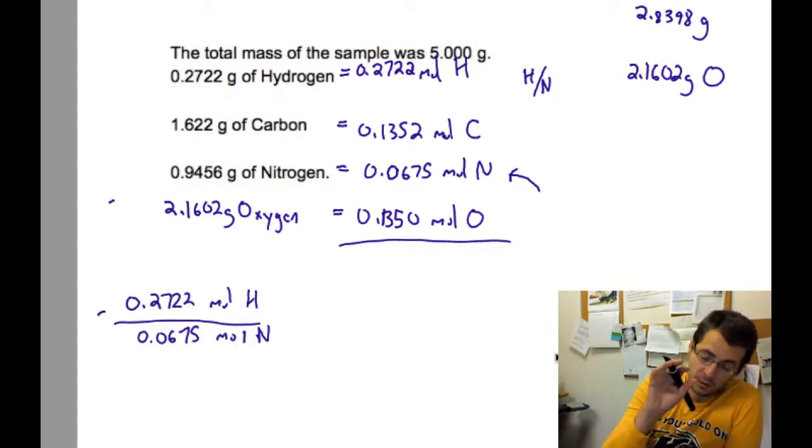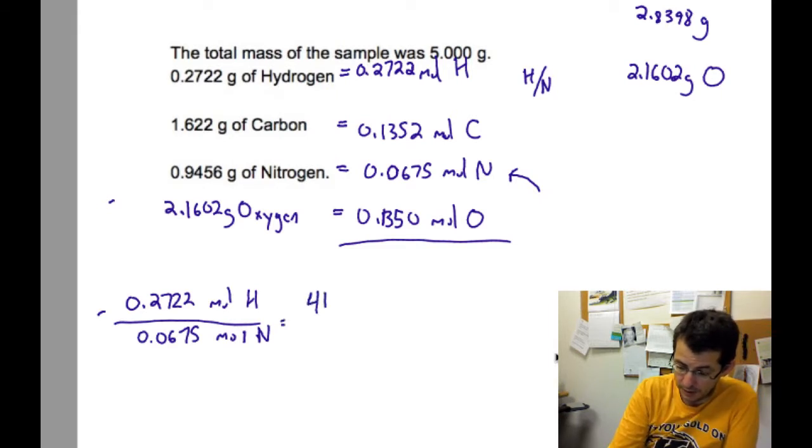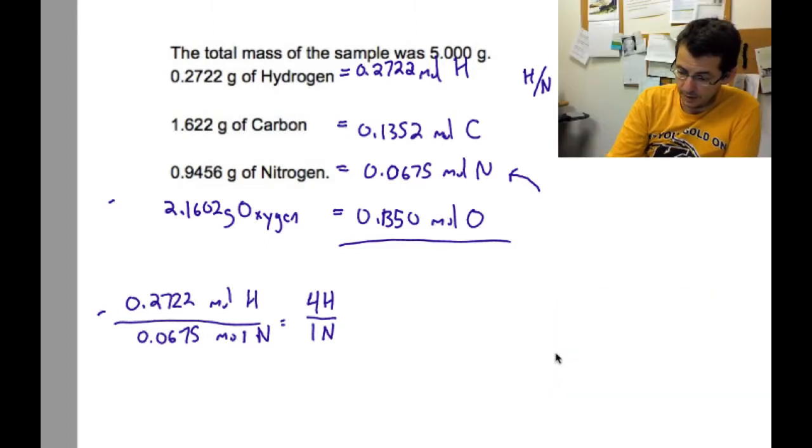So this hydrogen-nitrogen ratio, first step, convert grams into moles. Next, take the mole ratio. Once we have the mole ratio, it says that there are 4 hydrogen for every 1 nitrogen. That's what the mole ratio is. Then we can do a similar analysis for the carbon. It says that there are 2 carbon for every 1 nitrogen, 2 oxygen for every 1 nitrogen.